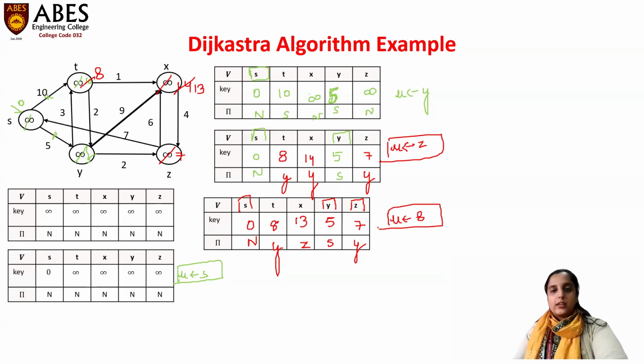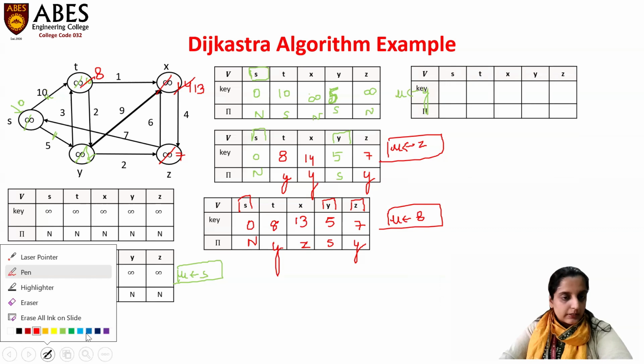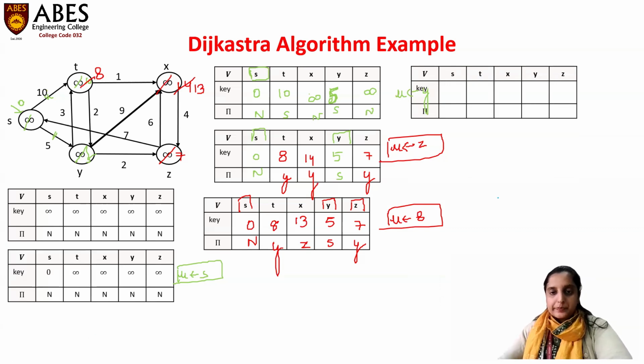So let's take another weighted matrix, and let's take another marker, another pen. So now U becomes 8, and let's update this value in the weighted matrix again.